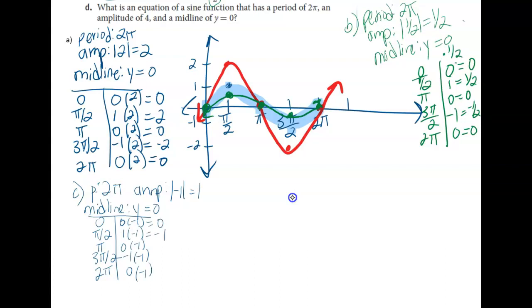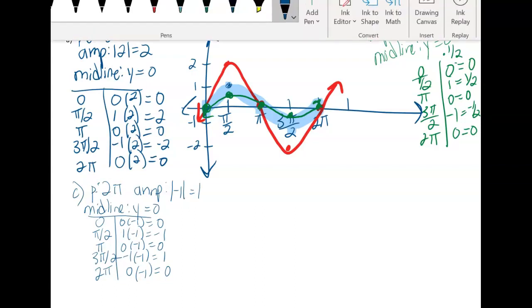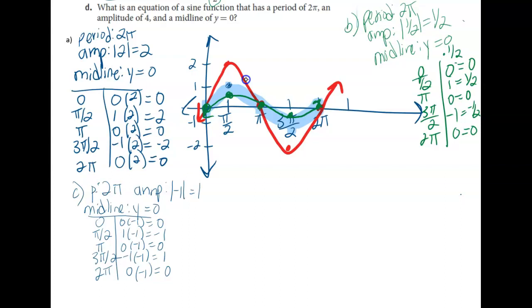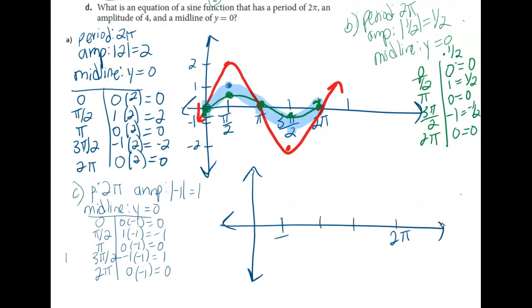So we get 0, negative 1, 0, positive 1, 0. Alright, so let's sketch this out. So again, I've got my period of 2 pi, so I'm going to put my 2 pi all the way out, my quadrantal angles going down the line there.